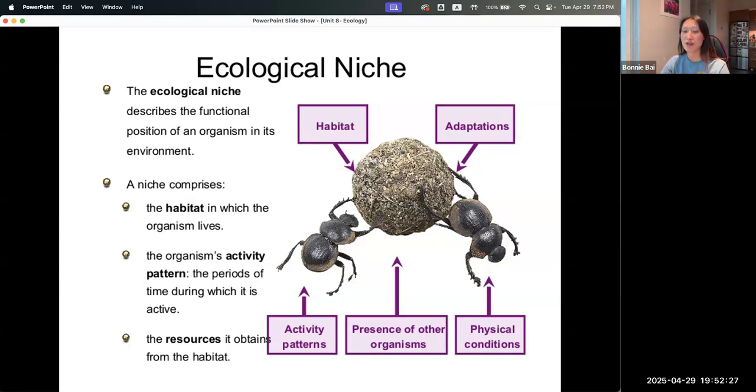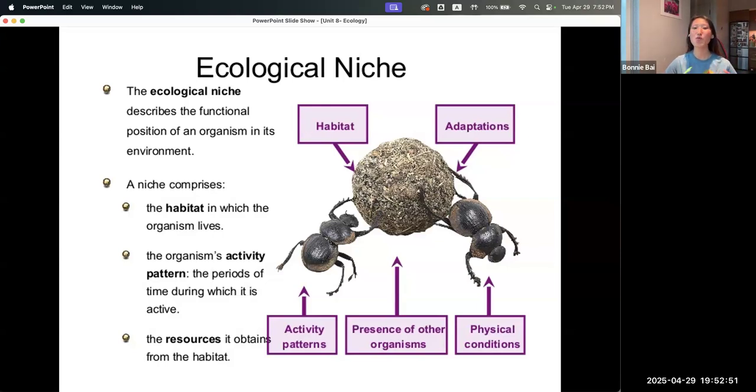Maybe there are birds that will come in and, I don't know if birds eat dung beetles, but if there were birds or whatever other animals that ate dung beetles, that interaction between the predator and the prey, their activity patterns, what time of the day do they sleep, when do they come out and do things, all of that. So that's niche.